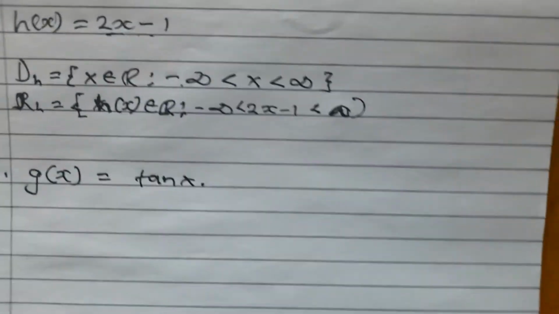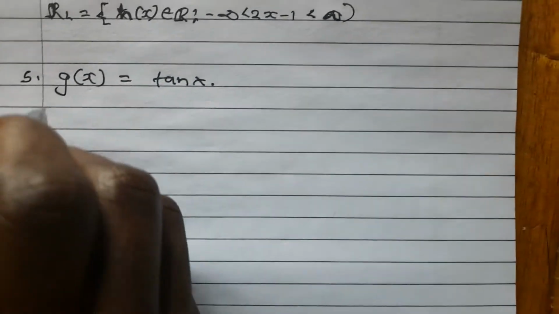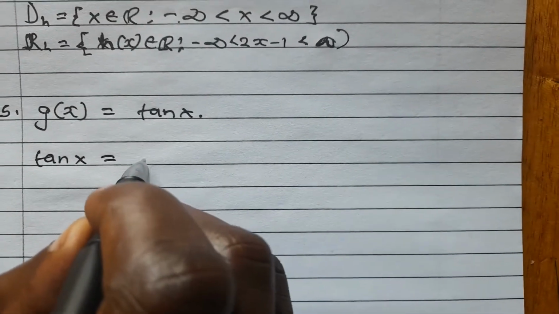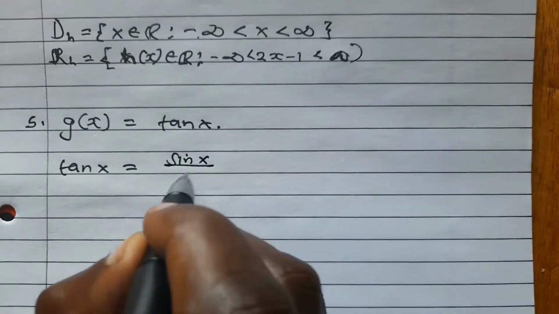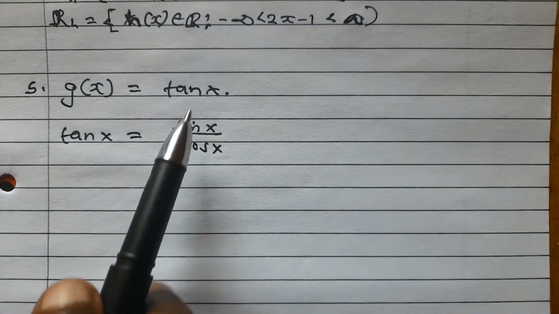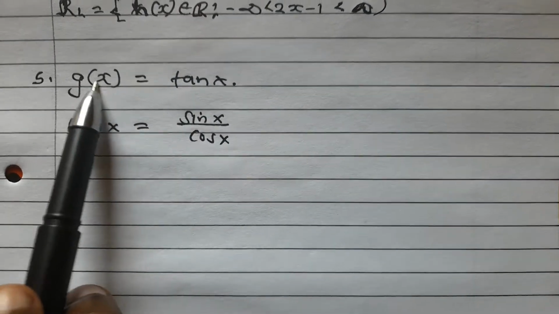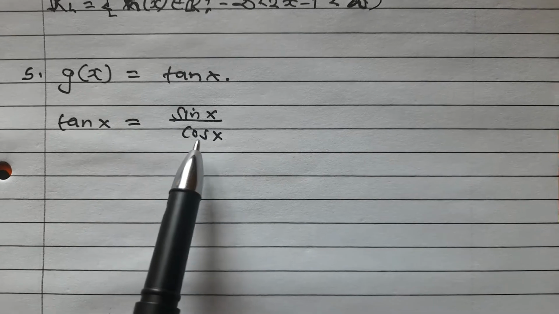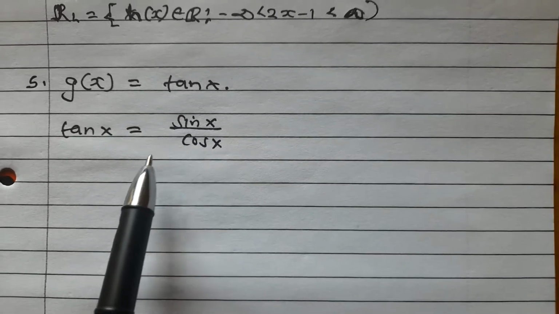Now you realize we all know that tan x is actually sine x over cos x. So we have now transformed this trigonometric function to another trigonometric function, which is basically a kind of rational function.